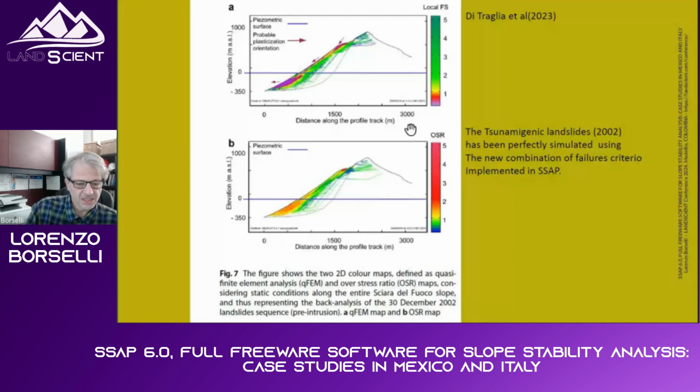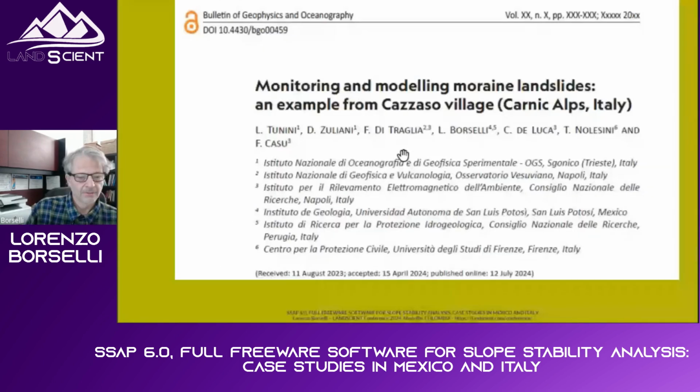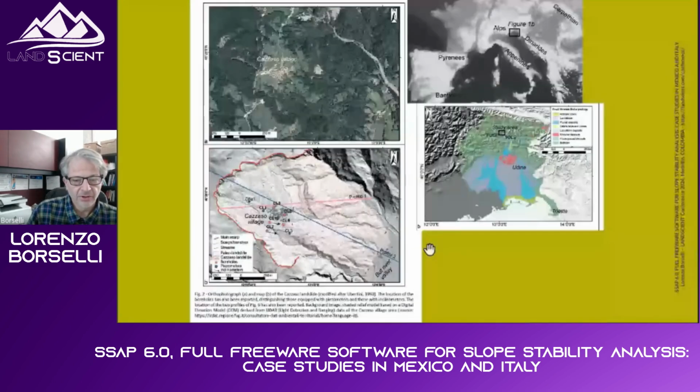Another similar one, but in this case combined with InSAR, differential InSAR, was monitoring and modeling moraine landslides. This is a recent paper where we have a very seismic area. In 1976 a big earthquake occurred and remobilized this big landslide.